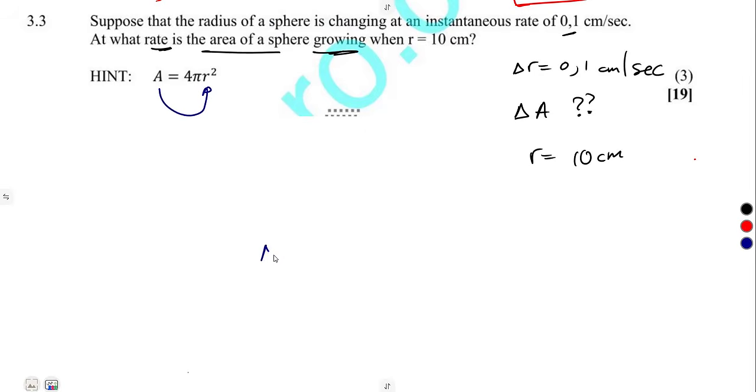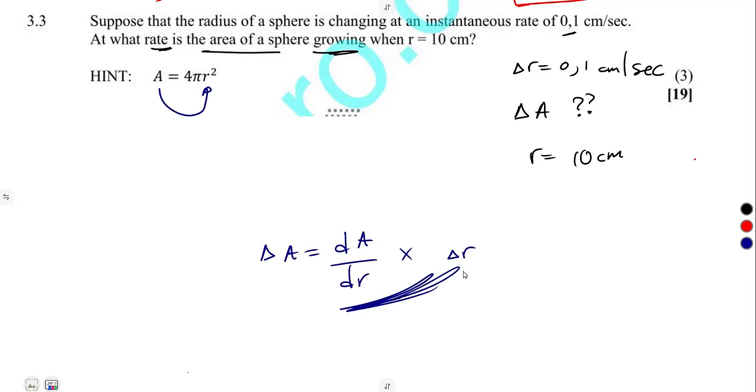So we can formulate an equation for the change in area if we have the derivative of area with respect to what is changing. What is changing? The radius. So we must have the derivative of the area with respect to the radius times what is changing, the change in the radius.